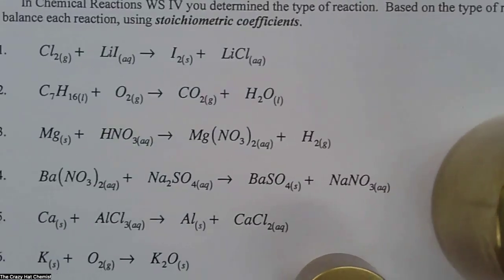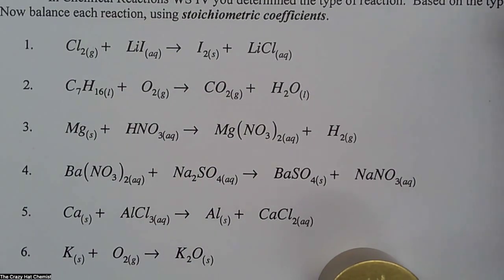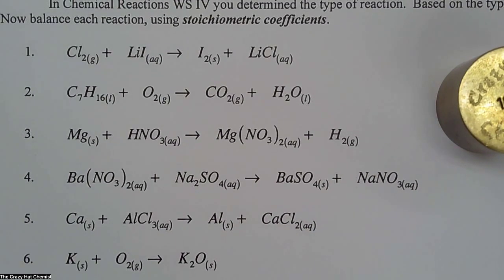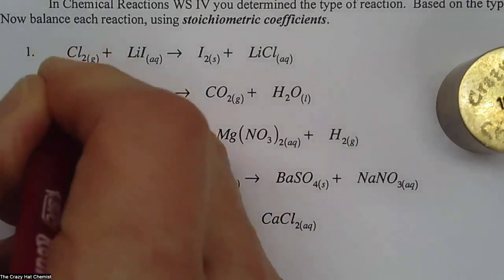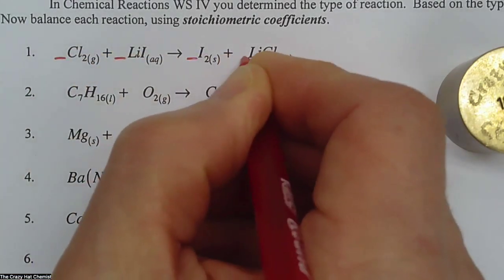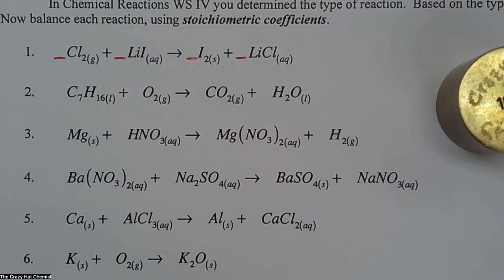Zooming on in and let's straighten this out here so that we can see everything that's necessary. All right, so this first one here, just as a quick little reminder, we are writing stoichiometric coefficients. Those are numbers in front of formulas that distribute throughout that formula such that we can balance the chemical equation.